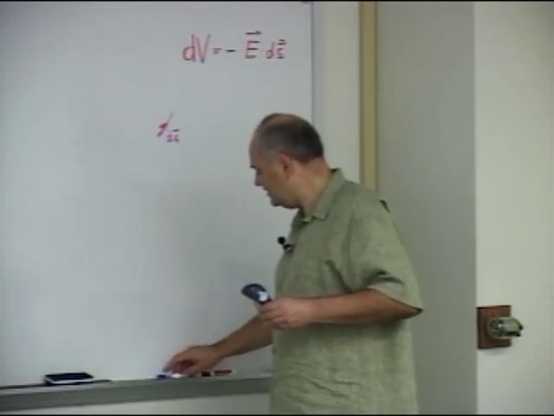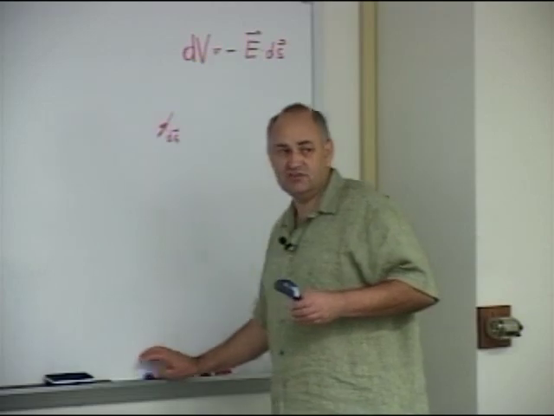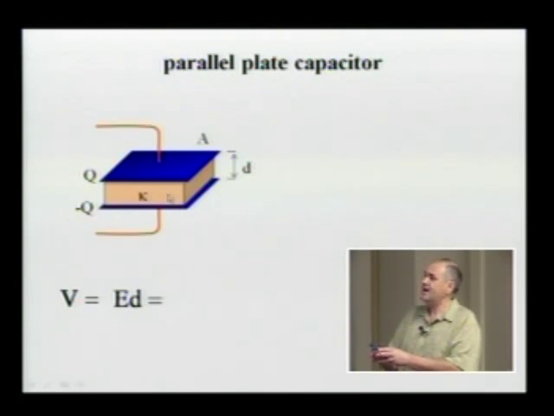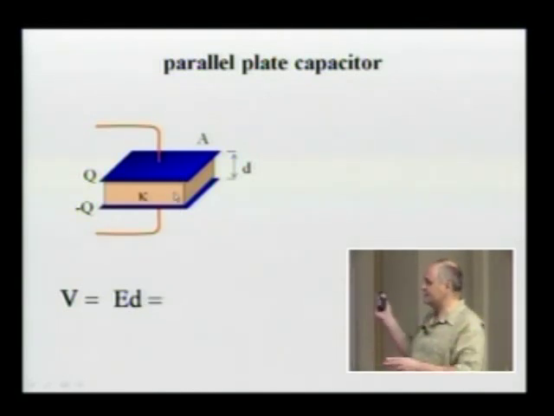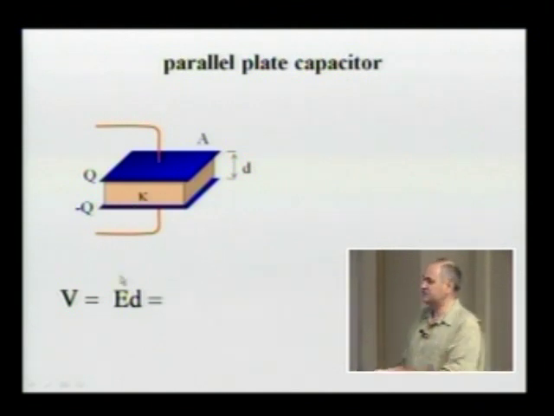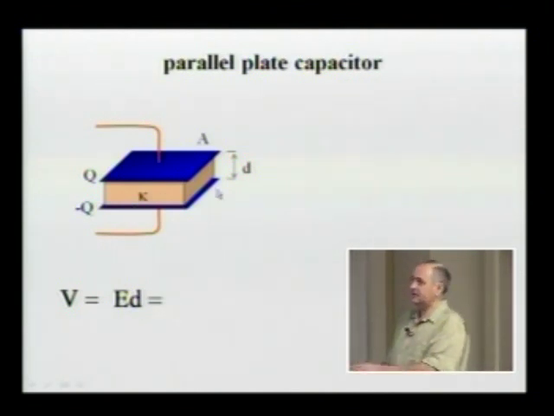So if I apply it to that uniform electric field, and for simplicity I take a path which is perpendicular to the plates, if I integrate that expression, I will find that potential difference between one plate and another plate is equal to the product of the electric field strength between the plates, which means the magnitude of the electric field vector, and the separation between the plates.